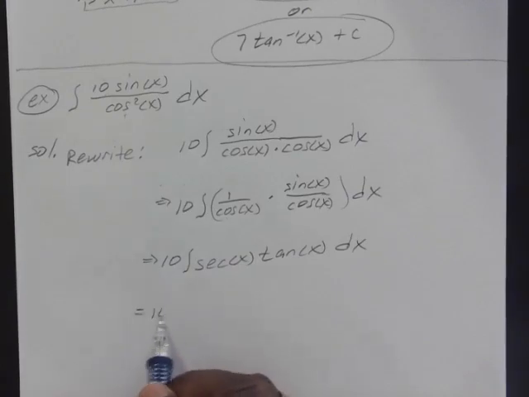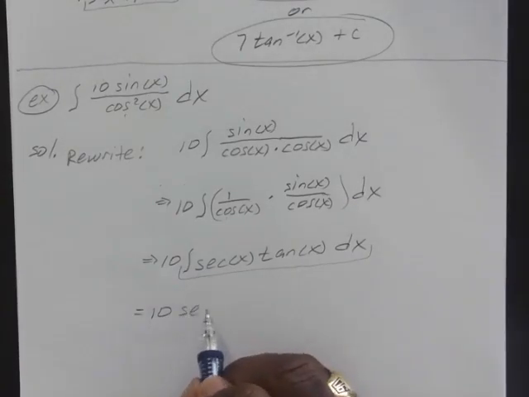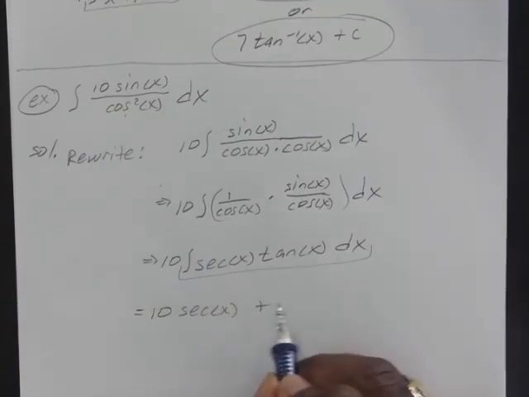Okay, so that gives us 10 times, and this integral should look familiar, because that's our secant of x tangent of x. So 10 times secant of x plus c.